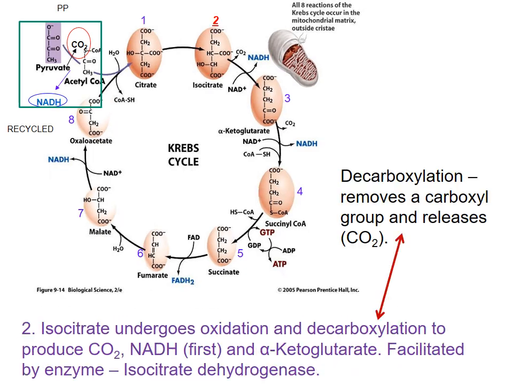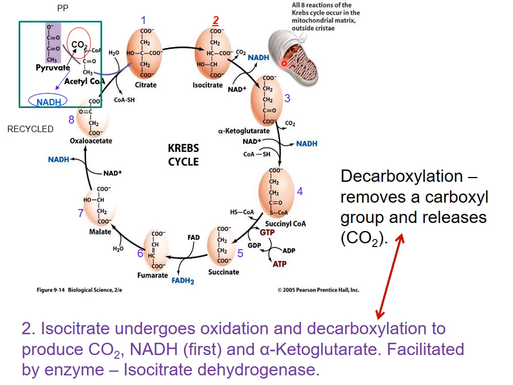This isocitrate then is oxidized and decarboxylation occurs to produce carbon dioxide, as you can see over here, and our very first NADH. Remember that NADH is an electron carrier.